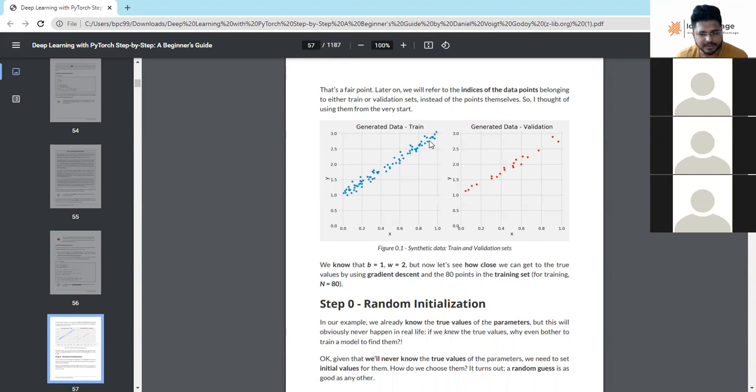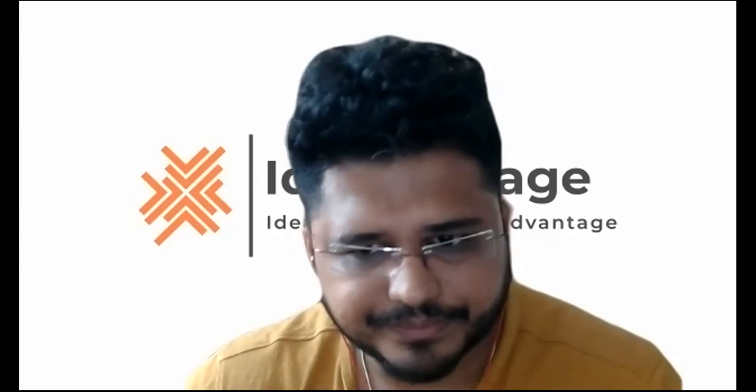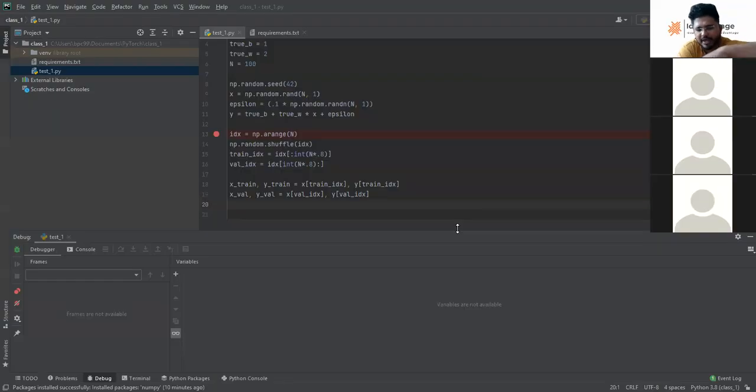Yeah, error is that. The epsilon adds the noise, and hence we are not getting a straight line. We are getting some outliers also. That is because of the noise. Okay. So this is how we got the distribution. We now have training data and we have validation data. So we'll move forward. Okay.